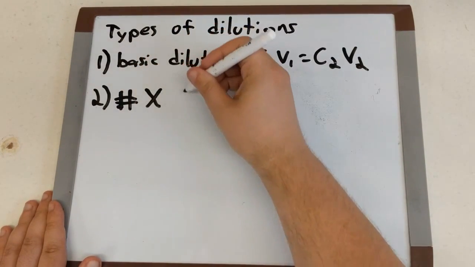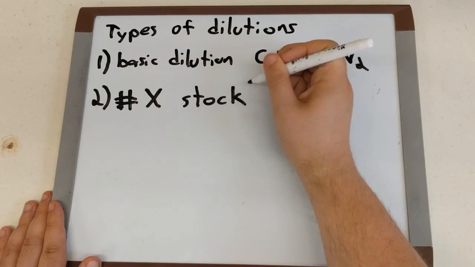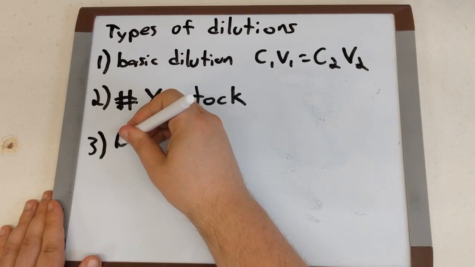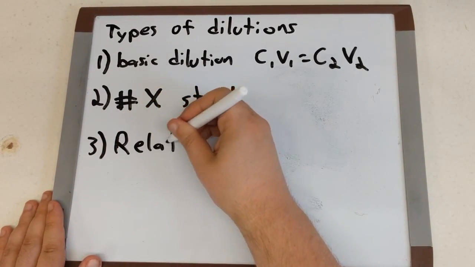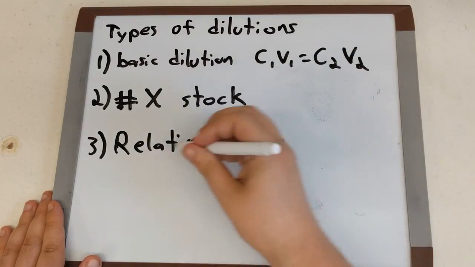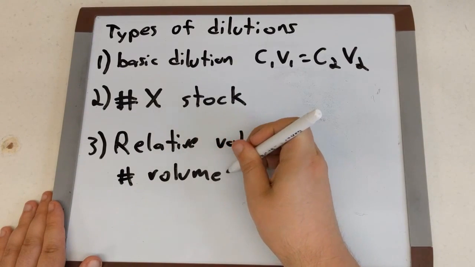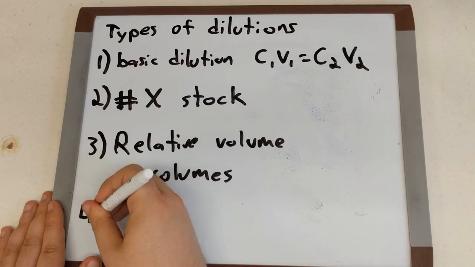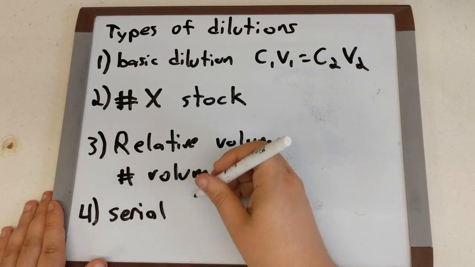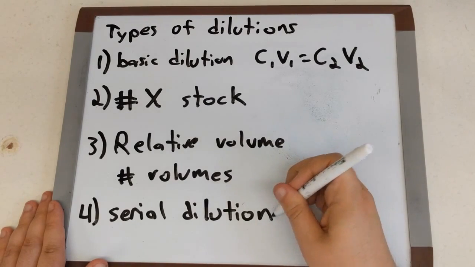The second one is some number times stock, for example, a 50 times stock or a 10 times stock. The third one would be examples of relative volume, for example, adding 2 volumes of something to a solution to dilute that down. And the fourth one would be serial dilutions, which is usually used in plating of bacterial cultures to count colonies.